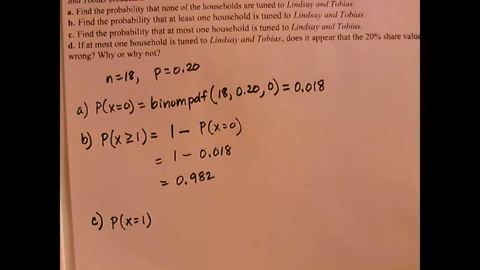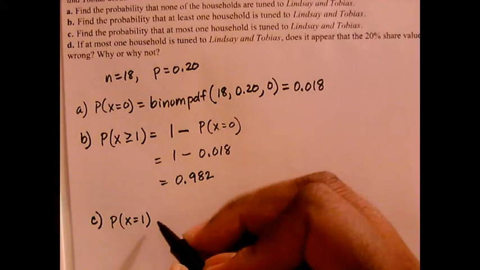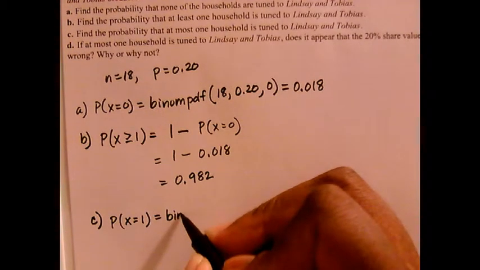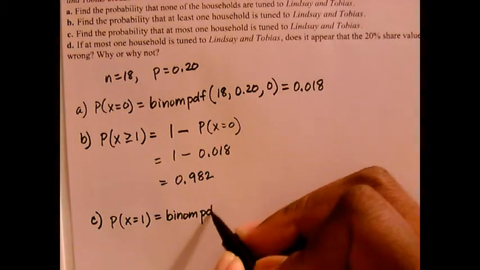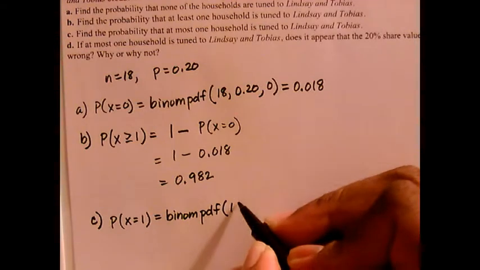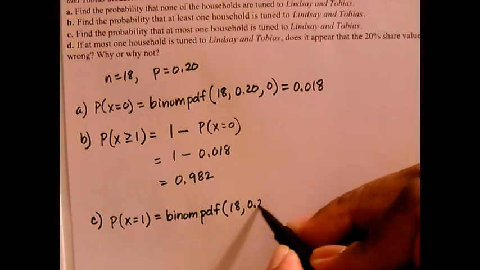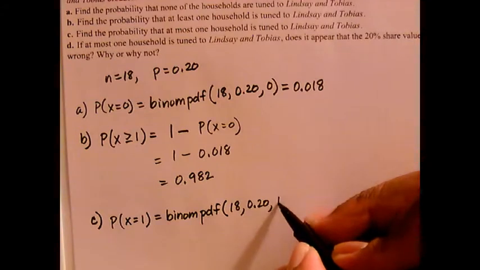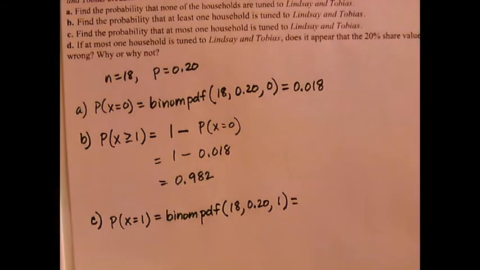So that means exactly one person watched the show, or exactly no one watched the show. So we need the probability of exactly 1, which means we need to use the binomial PDF function. N is 18, P is 0.20, this time X is 1.